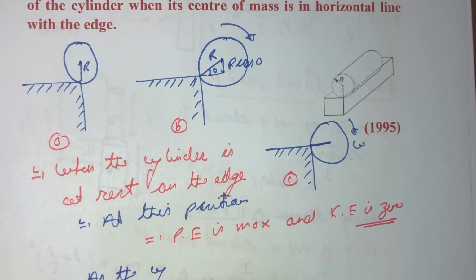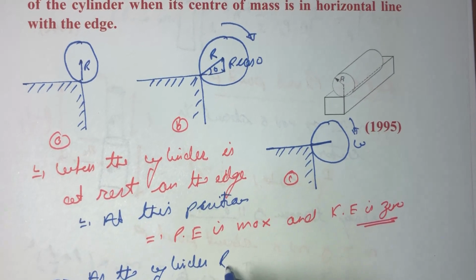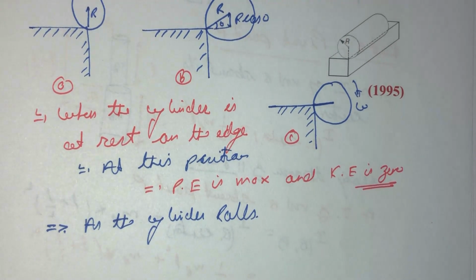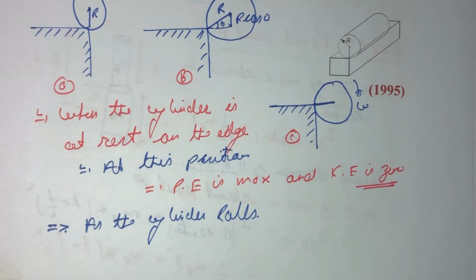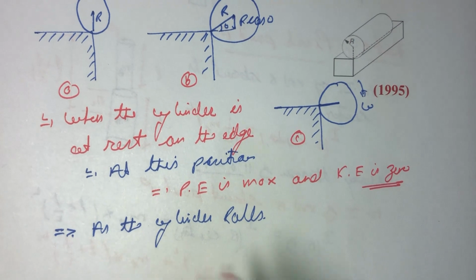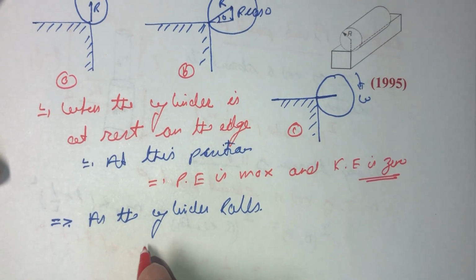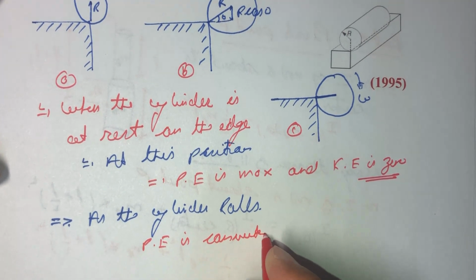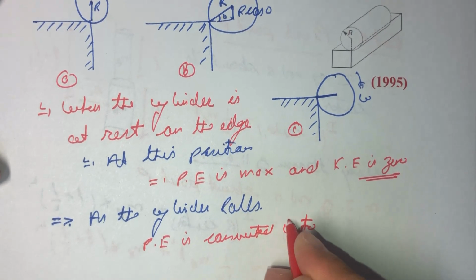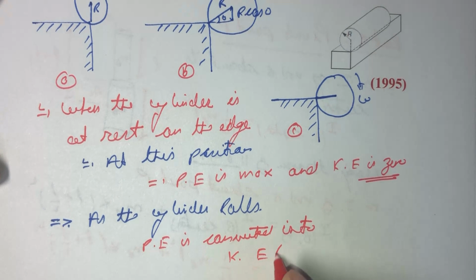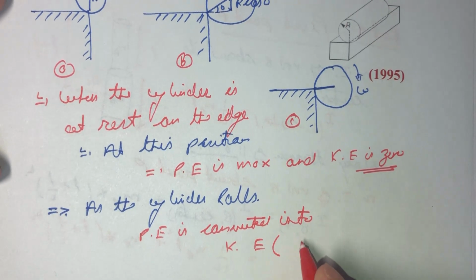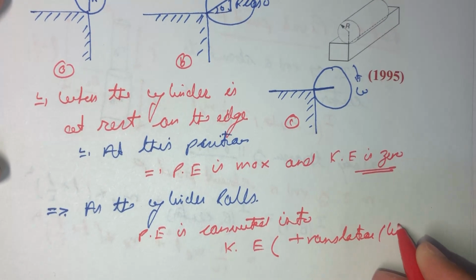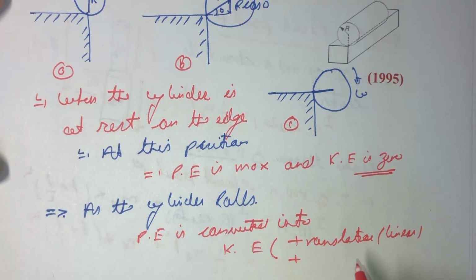As the cylinder rolls, the potential energy is converted into the kinetic energy, which will be our translational, which is also called linear, plus rotational.